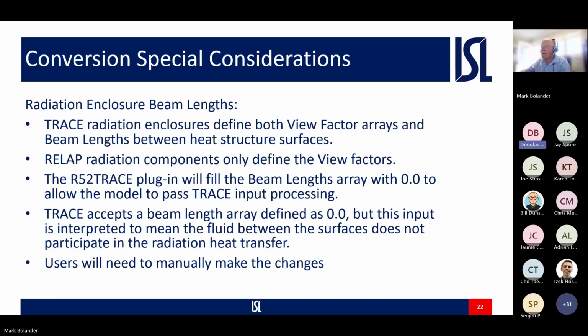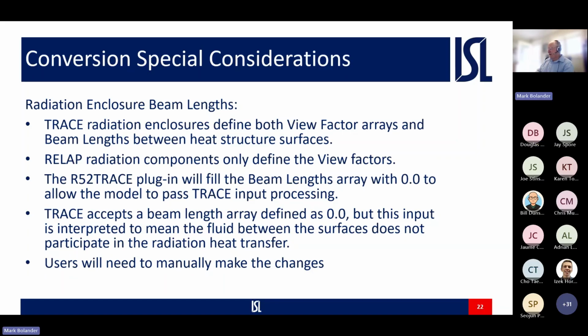I think it's also important to note that TRACE does not check for elevation loop closure, but SNAP does. So if you just run your TRACE model and the loop is not closed, TRACE will run it, and you'll have an artificial gravity term in your model. But you can check the loop closure in SNAP, and that's always a good thing to do after you're converting these models.